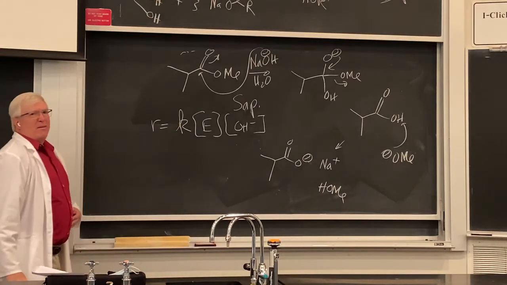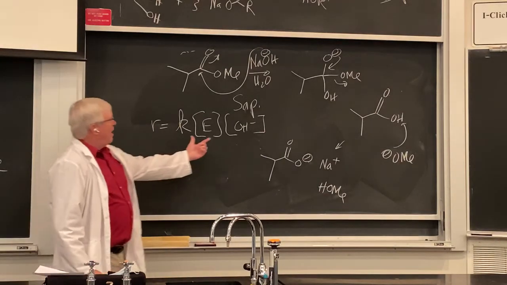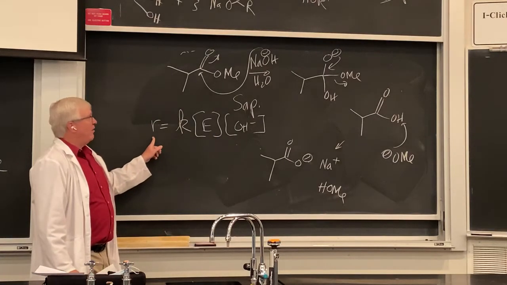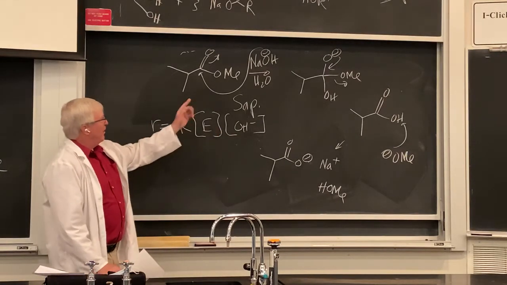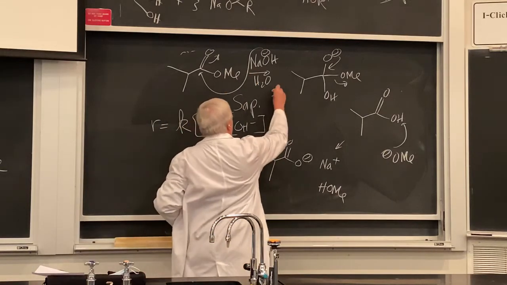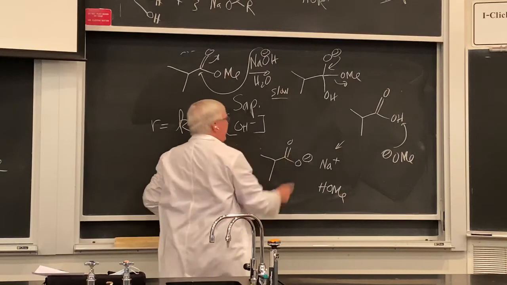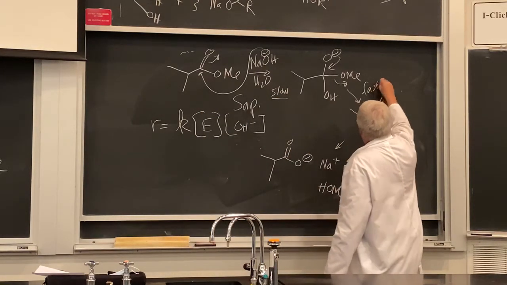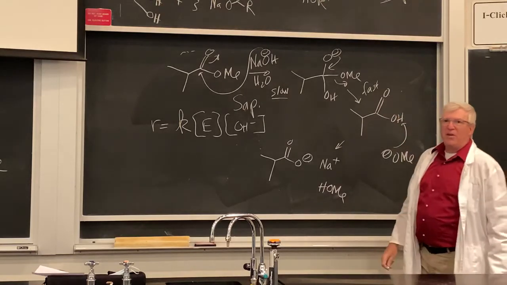Which means what? Looking at our mechanism, it's bimolecular. These two concentrations affect the overall observed rate. So what's the slow step here? Well, it's one involving both of these. So you'd say this is our slow step right here. Breakdown of the tetrahedral intermediate, you would say, would be fast. So that's consistent with that data.